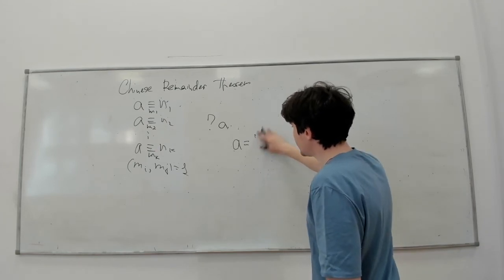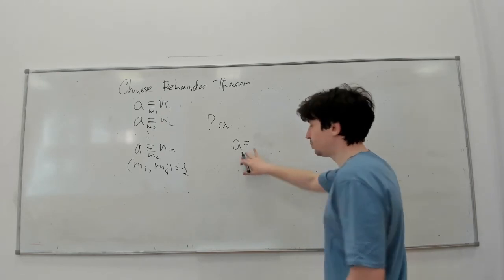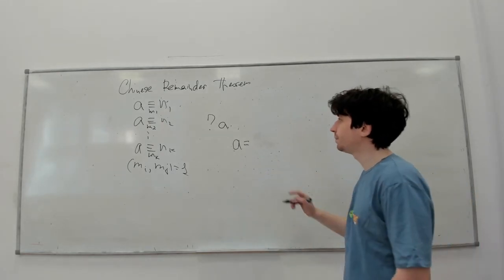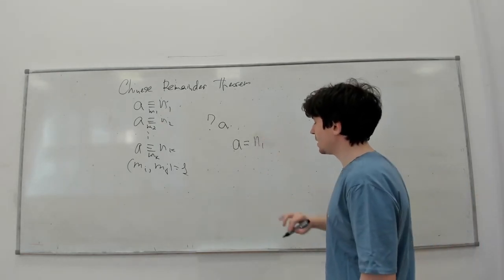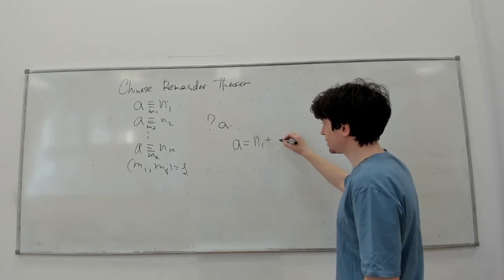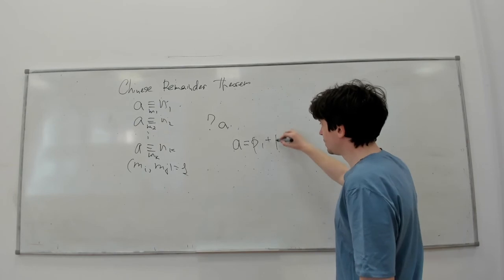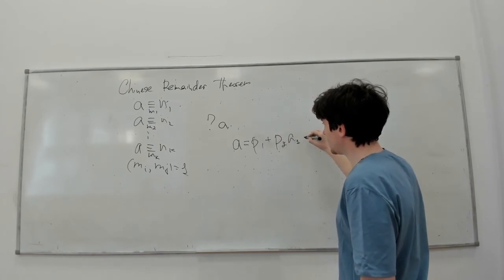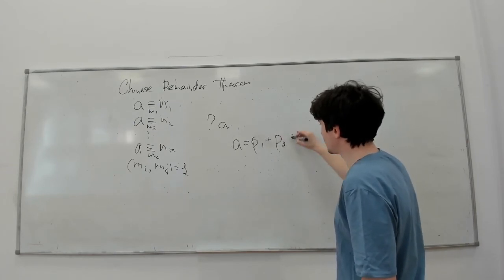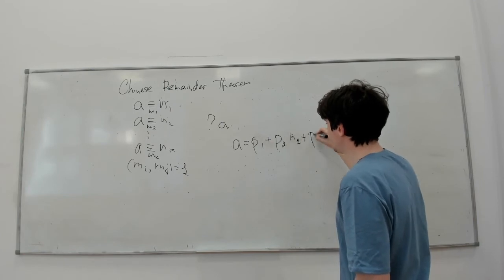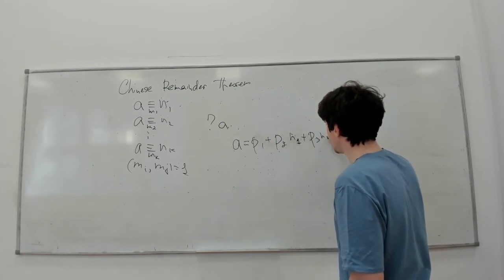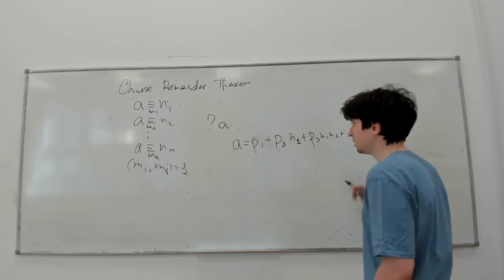We will present A in an interesting form. It will be P1 plus P2 times M1, plus P3 times M1 M2, plus, and so on.